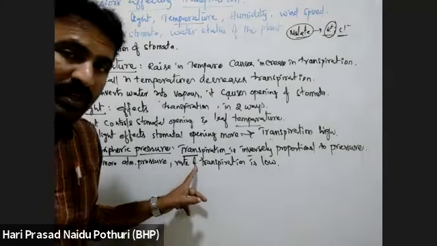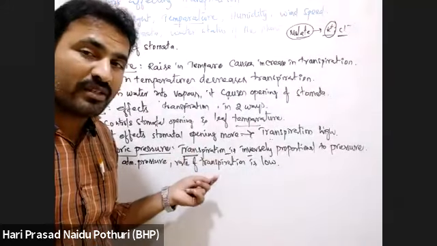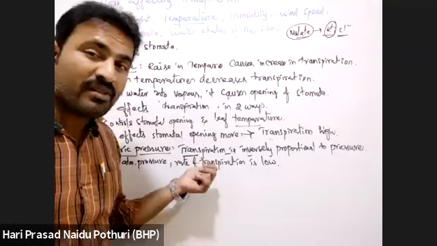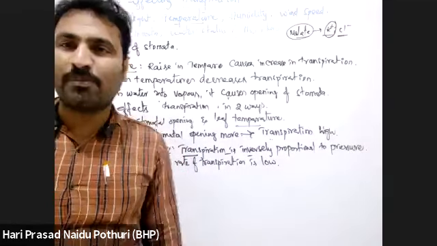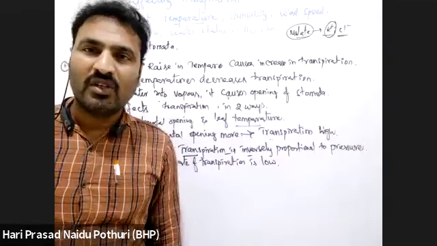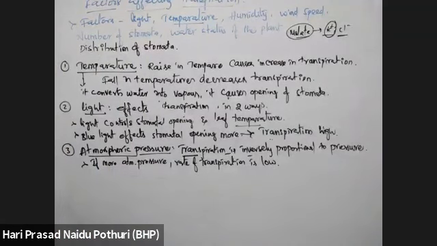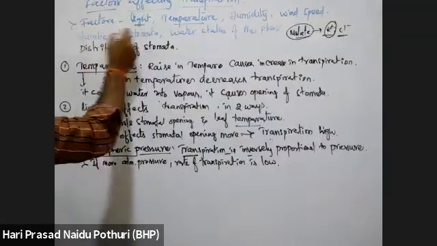In the atmosphere, that means outside the guard cell, there is more pressure. More pressure outside means inside the guard cells there is less pressure. So water moves only from more pressure to low pressure. From low pressure to high pressure there is no movement of water, so there is a decrease. Then light, temperature, this one.